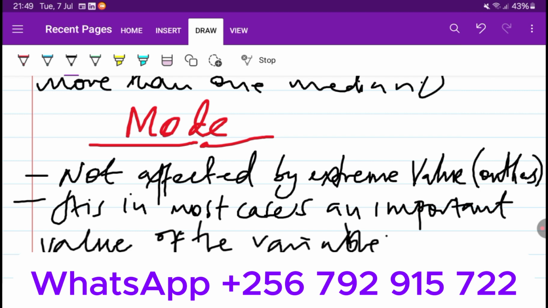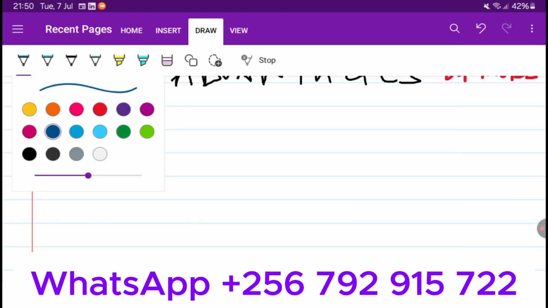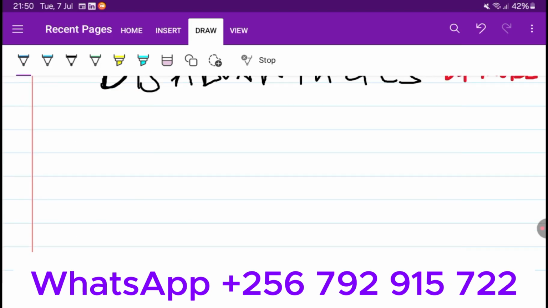So let's look at the disadvantages of the mode. The disadvantage of the mode is that it is not representative of the entire values.